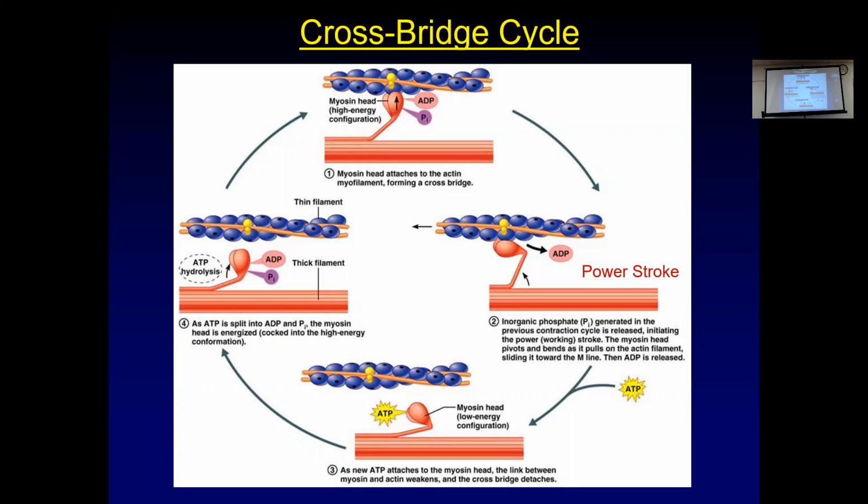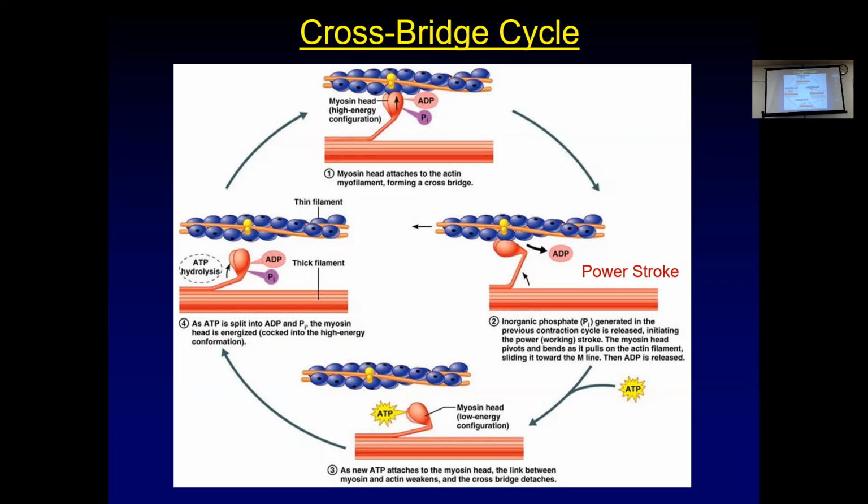So, I have to use energy to allow the cross bridge to be broken so I can then reattach it and do more power strokes. So, the heavier the weight I'm lifting, the more power strokes. The faster I'm running, the more power strokes.